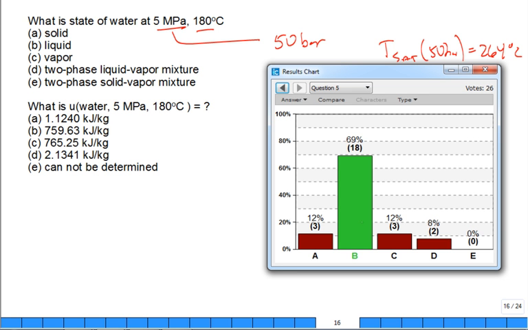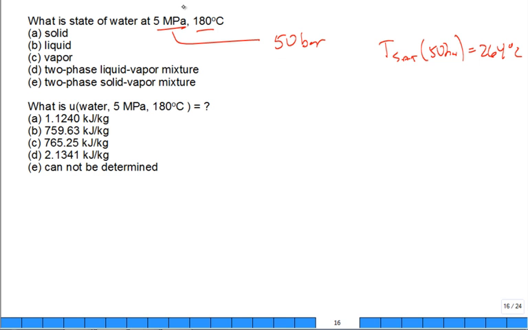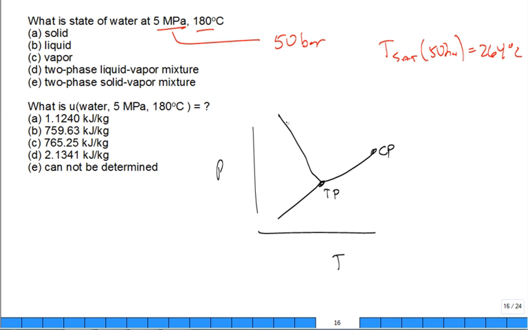Somebody may say, how do I know it's not so cold that it's solid? If you have a good visual image of that pressure-temperature diagram, you kind of come up like this. I'm emphasizing the change in slope there. And water kicks back like that, right?